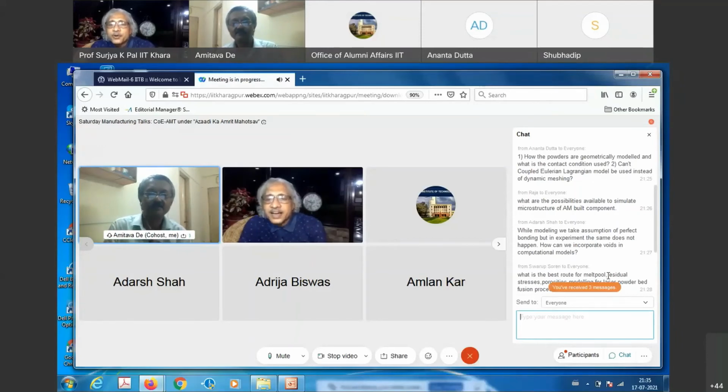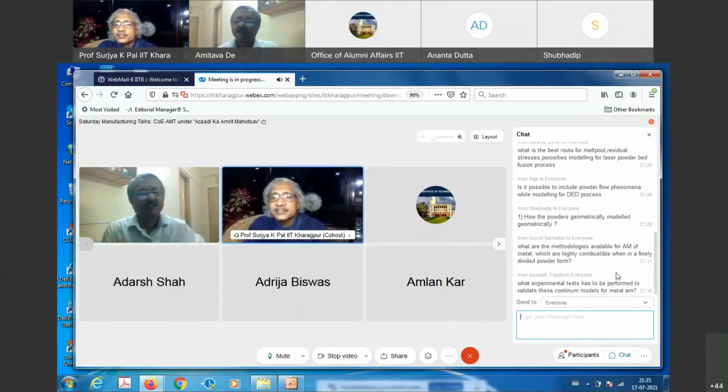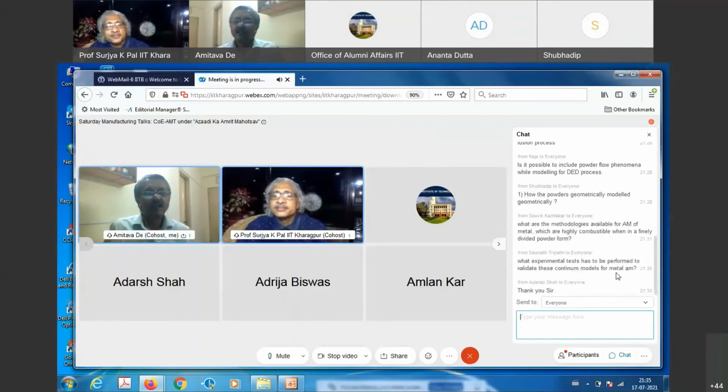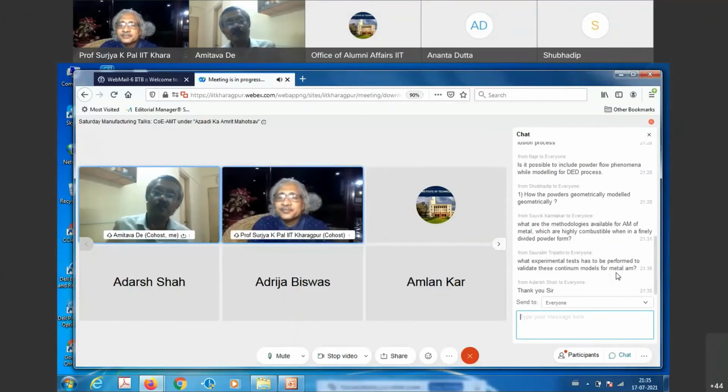In a powder-based fusion process triggered by a laser, how are porosities and other factors modeled? That's the question from Mr. Sarup Soren. I think I just tried to answer the same thing. To some extent, it is possible if we take a very small scale model. I have shown a picture also.